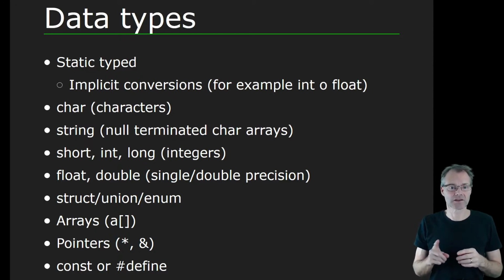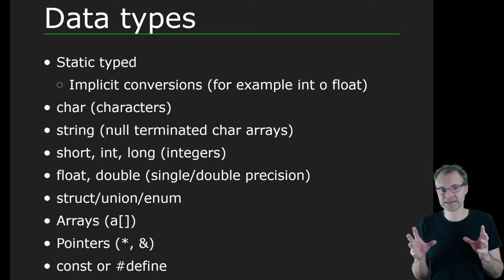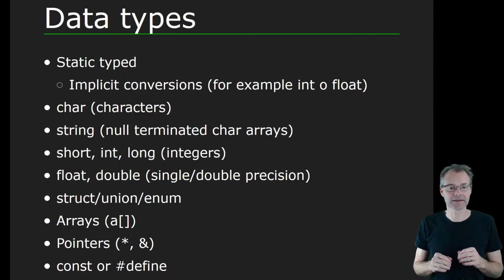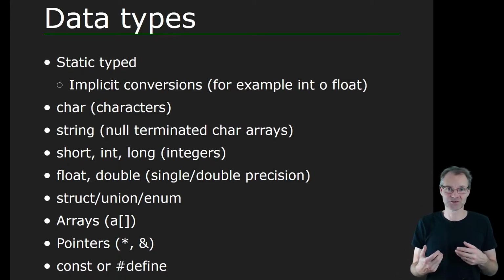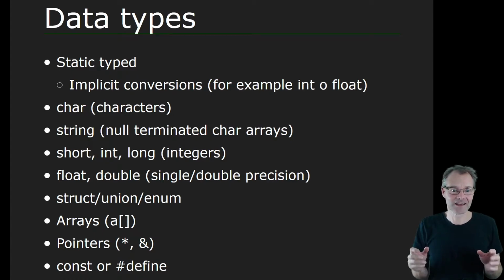About the data types, we have character. It's one character, one byte, usually holding a value between 0 and 255. Then we have strings, which are null terminated char arrays. So it's an array of characters, and the last character should be a null, \0.